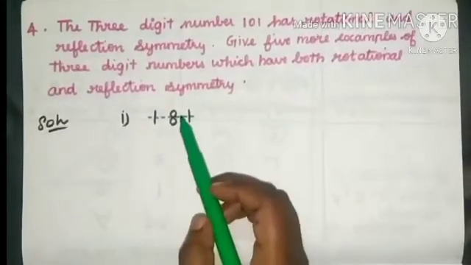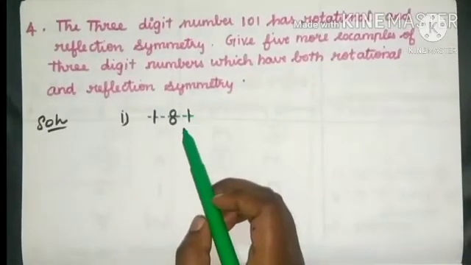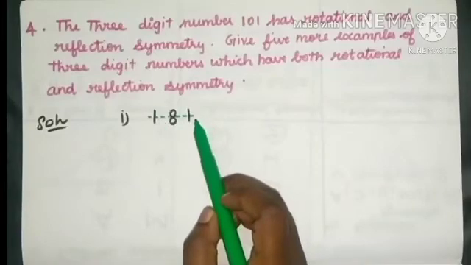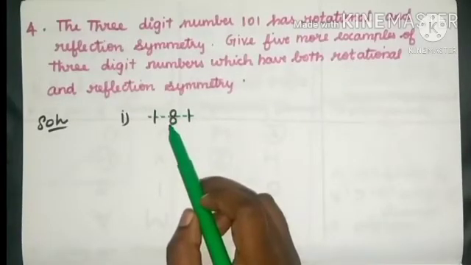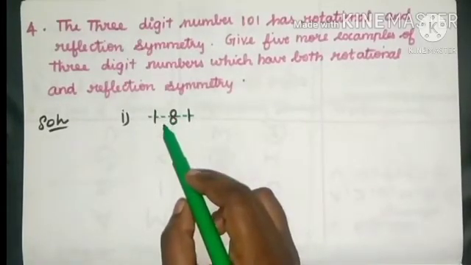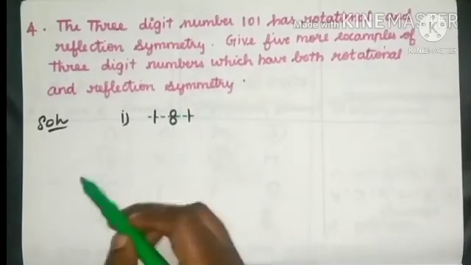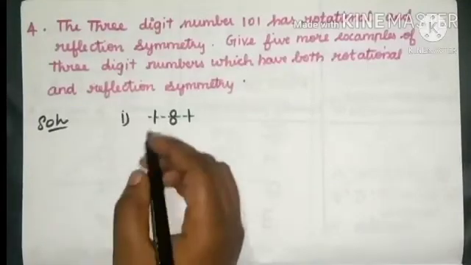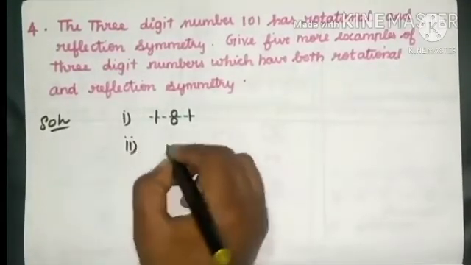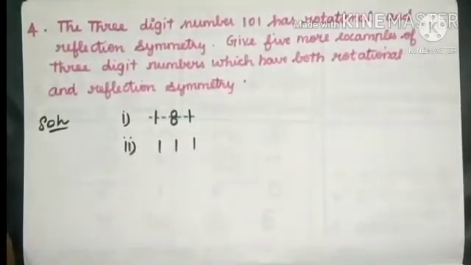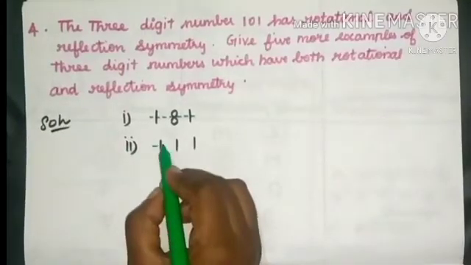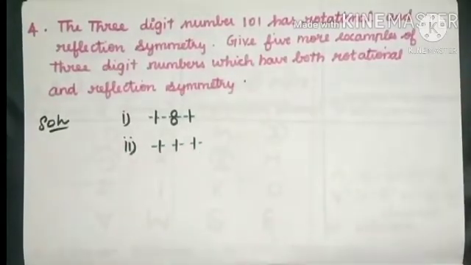If we rotate the number 181, again we get back the position where it started. So, the number 181 has both the rotational and reflection symmetry. Now, let's check it for the number 111. See, if we cut it horizontally, it divides into 2 equal parts.